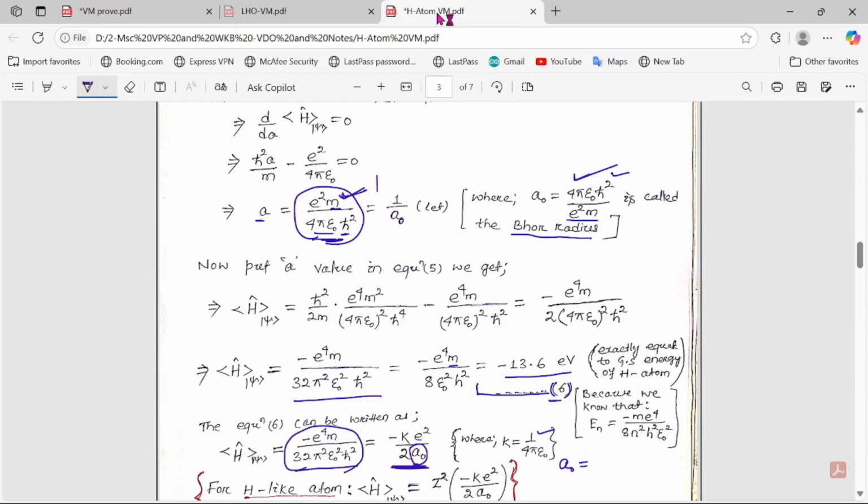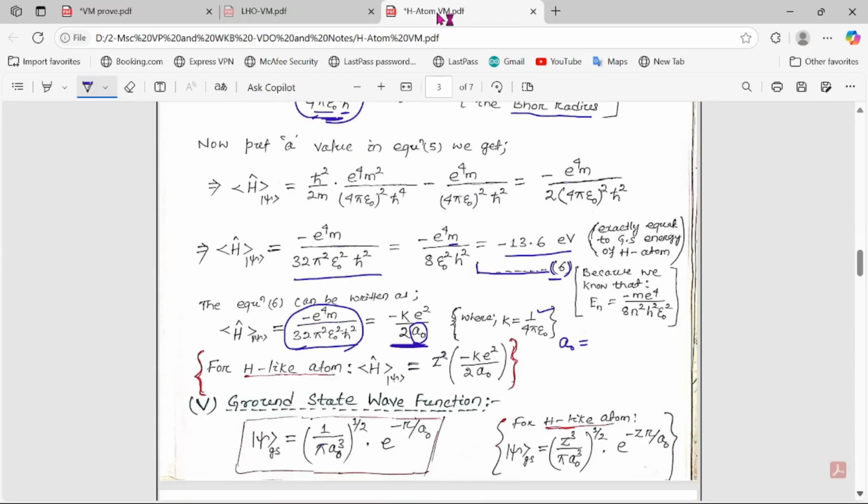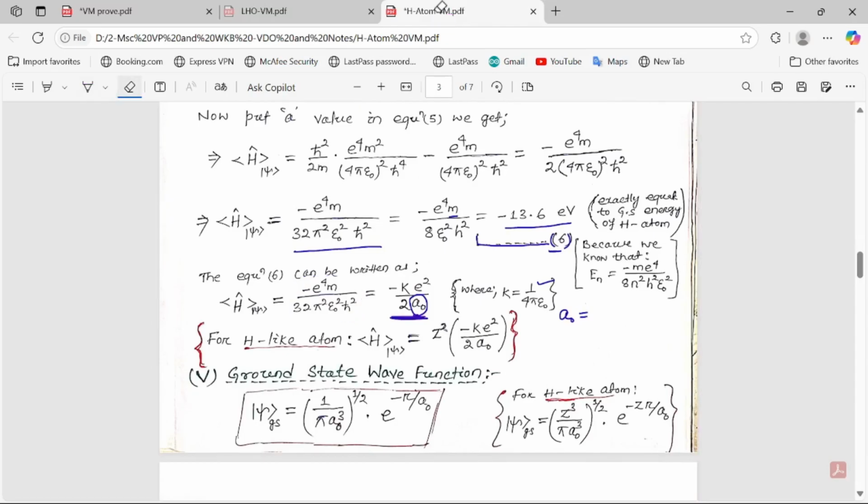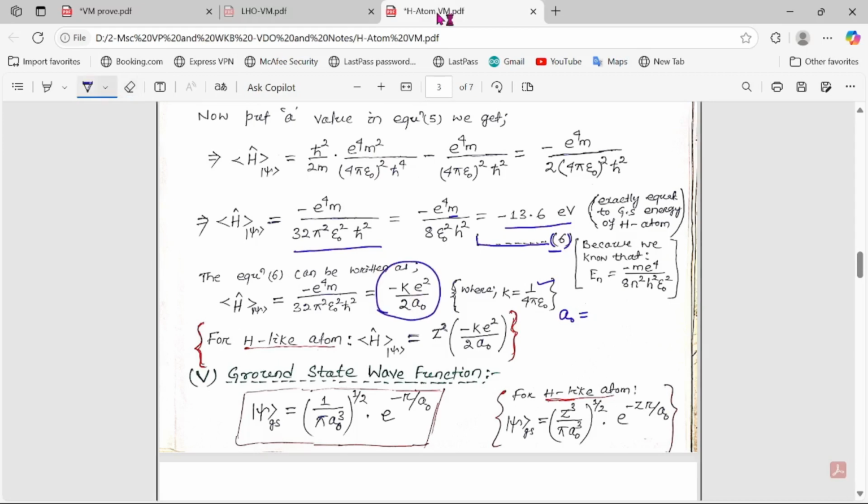Why did I write in this format? Because whenever we discuss hydrogen like atoms or the helium atom, in our forthcoming classes, we are going to use this type of expression. You just keep this in your mind.